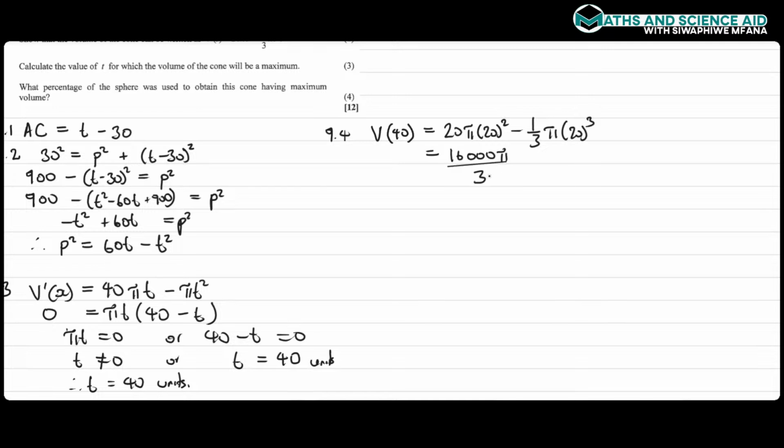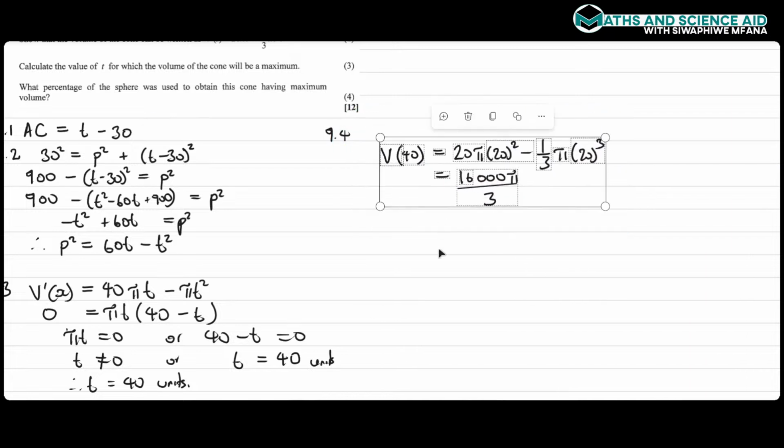The next thing you need to do, so this is just the maximum volume, let me clarify it here, and I would also advise you to do the same in a similar question. Let's note here that this is the maximum volume of the cone.